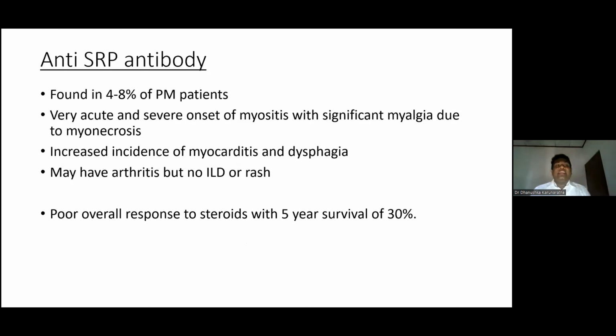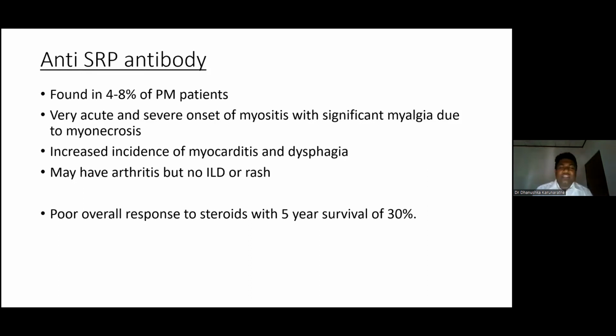And then the SRP antibodies, they are found in 4 to 8% of the patients with myositis. And I would say the SRP is the most virulent antibody out of all which we've discussed today. It causes very rapidly progressing severe myositis, associated with myocarditis or cardiac involvement, plus bulbar involvement resulting in dysphagia.